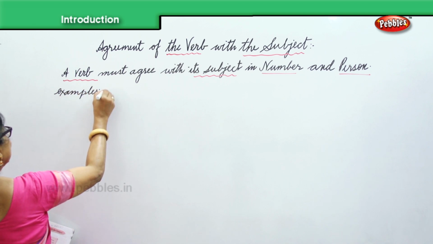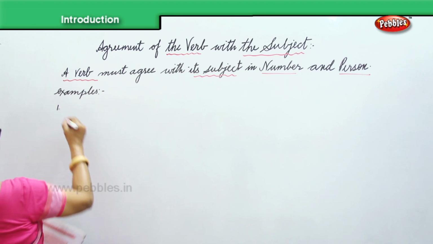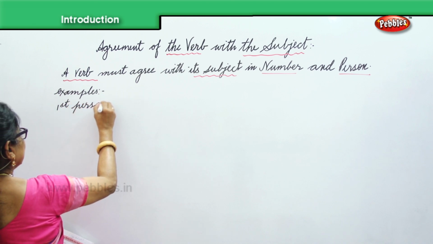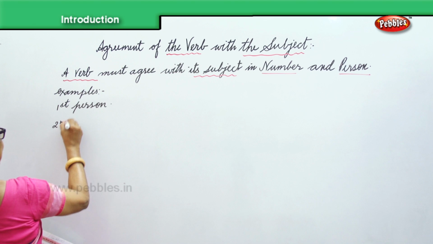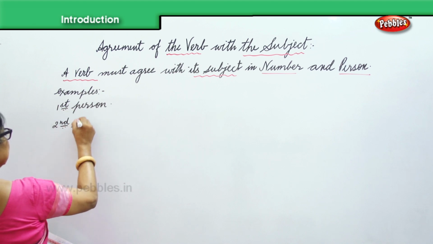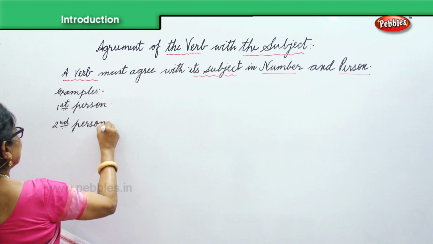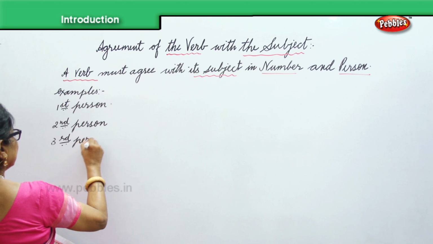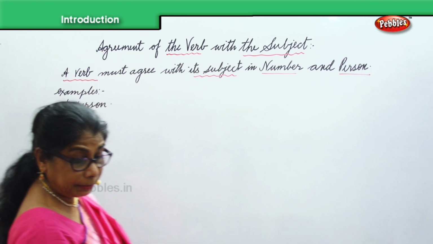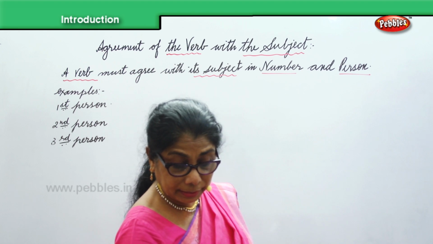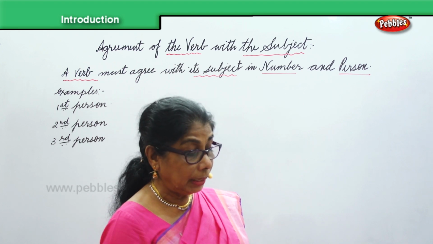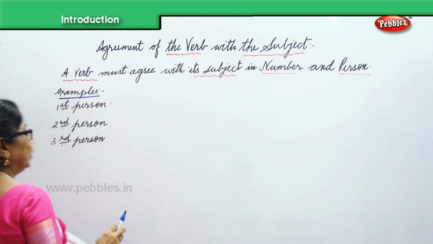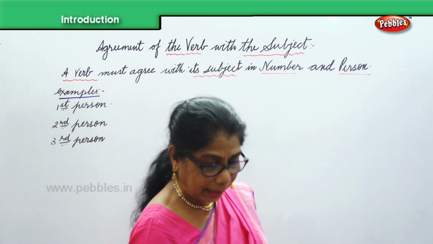You have the first person, then you have the second person, and then you have the third person. What are the examples we have here in first, second, and third person?